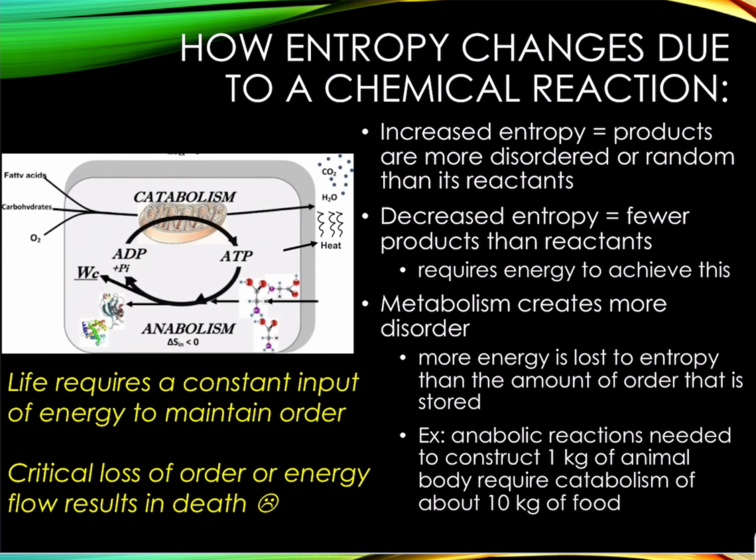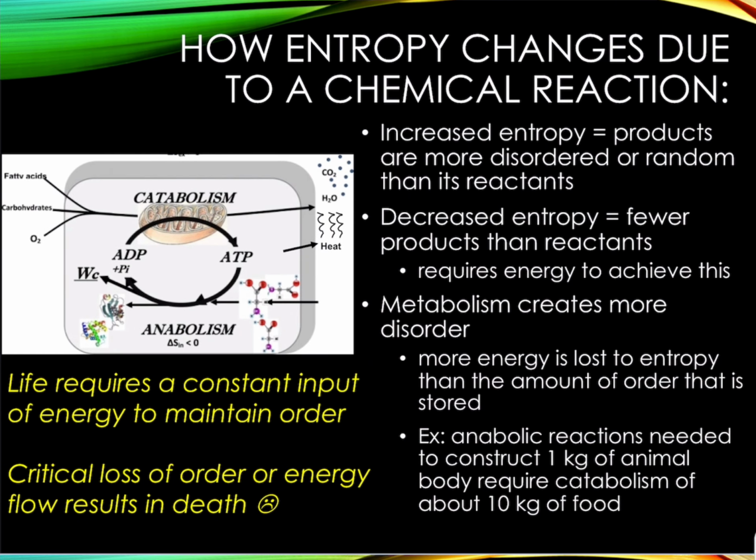So how does entropy change due to a chemical reaction? Increased entropy means that products are more disordered or random than the reactants. Decreased entropy means that there are fewer products than reactants, and in order for this to happen, it requires energy. Metabolism creates more disorder. More energy is lost to entropy than the amount of order that is actually stored.